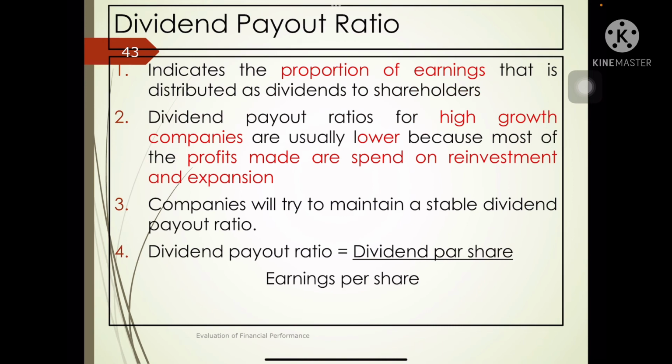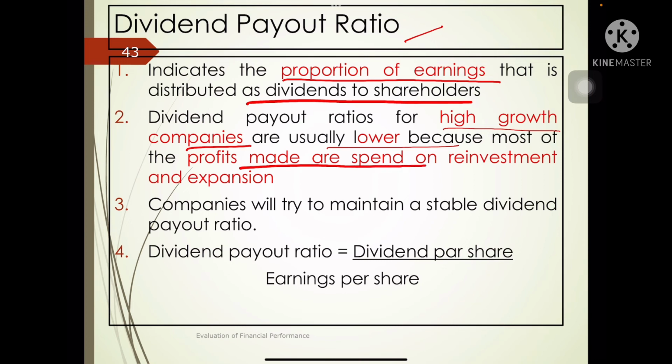Alright, dividend payout ratio indicates the proportion of the earnings that is distributed as dividends to shareholders. We would like to see the portion of the earnings that we give back to the shareholders. The dividend payout ratio for high growth companies is usually lower because most of the profit is spent on reinvestment and expansion.